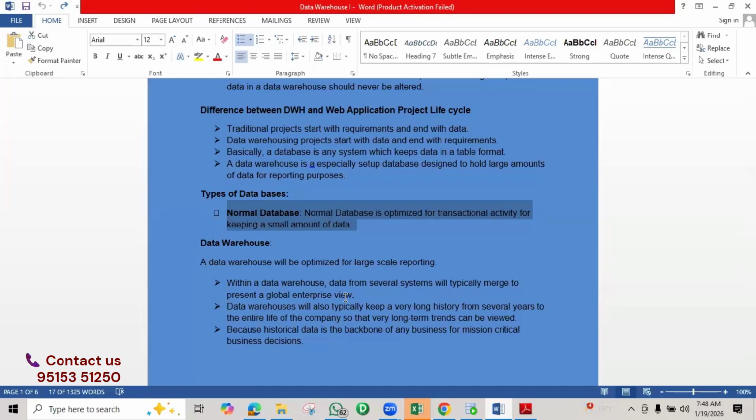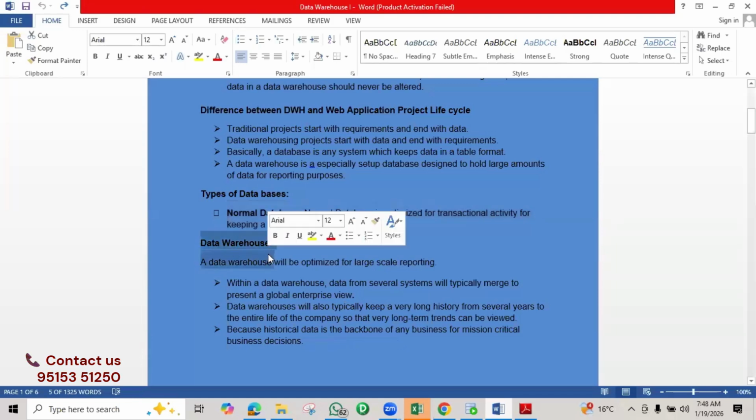Imagine that today she has done 10 transactions. No problem. How many records will be there, guys? Technically, 10 records. But how much data will be available in the data warehouse? Imagine that previously she was doing one transaction daily on average for 2 years. So close to 730 records will be there.